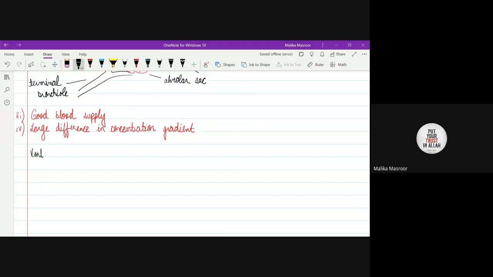So ventilation is simple breathing in and breathing out, the exchange of gases. One second, let me just reshare the screen.